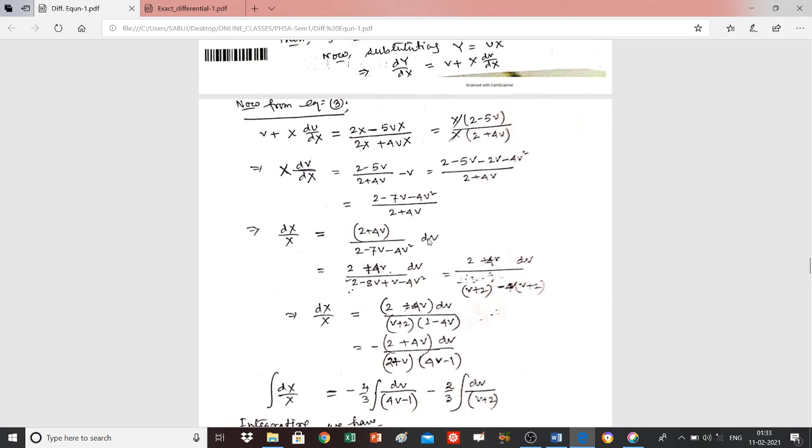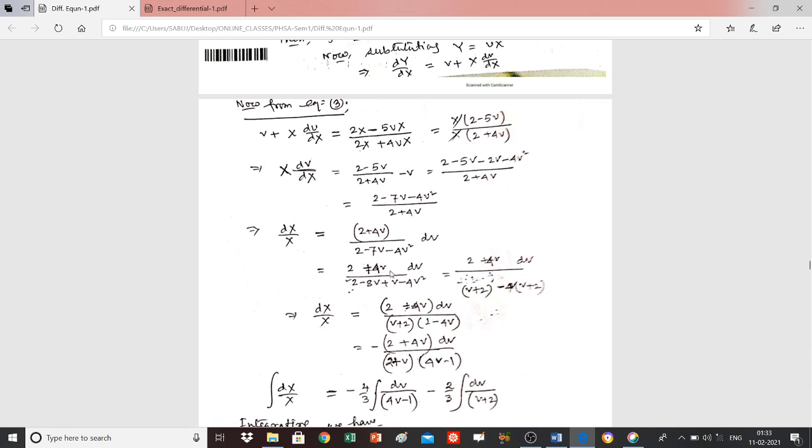So now from here finally you get x dv by dx is equal to (2 minus 7v minus 4v square) by (2 plus 4v). So from here you can also write dx by x is equal to (2 plus 4v) by (2 minus 7v minus 4v square) into dv.